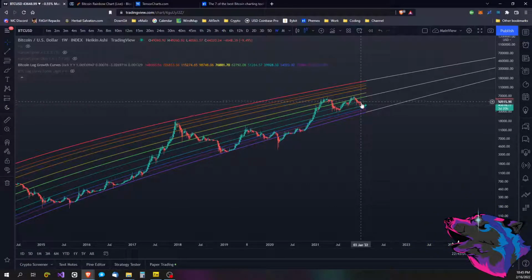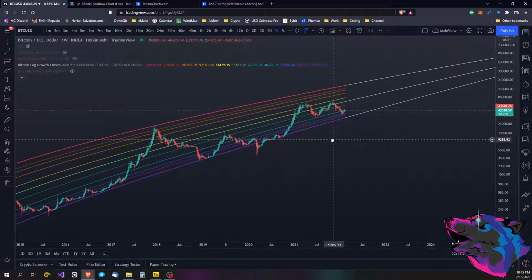When we're above it, we're getting into hot overbought territory, and when we're down closer to the purple band, we're in oversold territory.